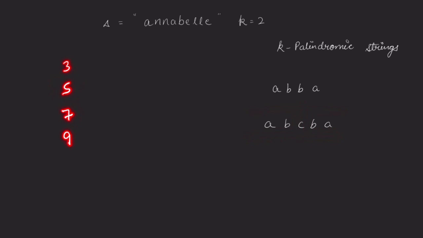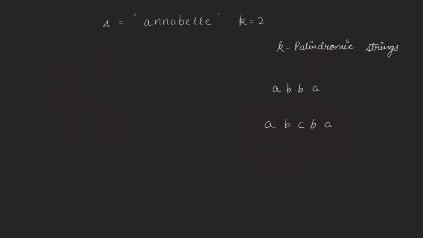If I remove one from them, they will become even, that is 2, 4, 6, or 8. So that one which I had to remove has to be adjusted in the middle always. So if there are two such characters which have odd frequency, then we cannot adjust both of them in the same string. If we do so, then it will not be a palindromic string.